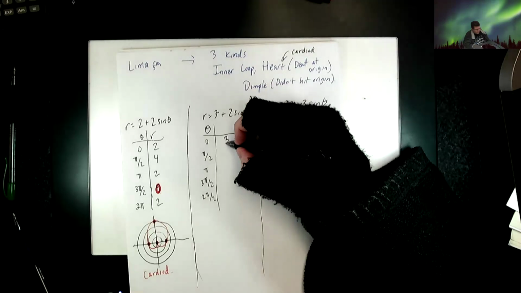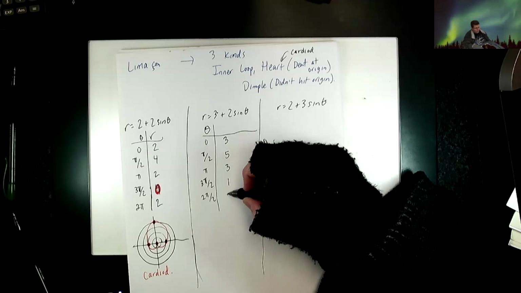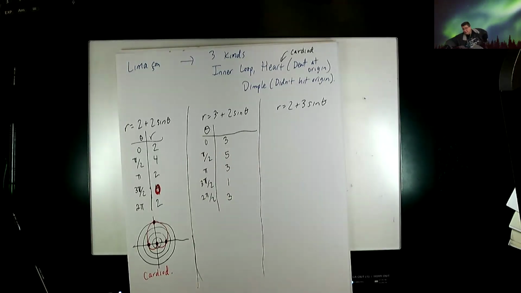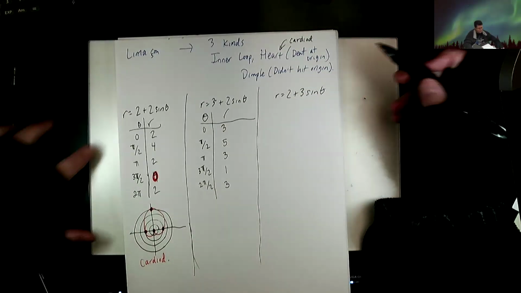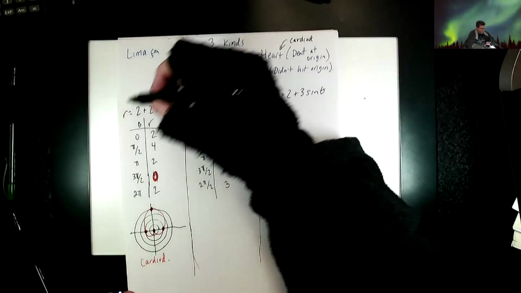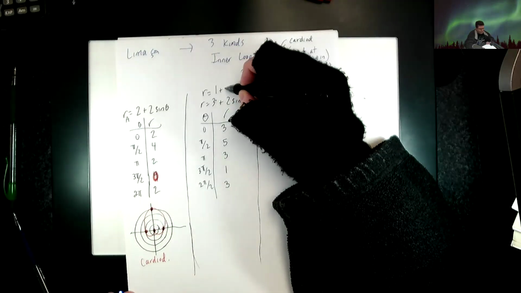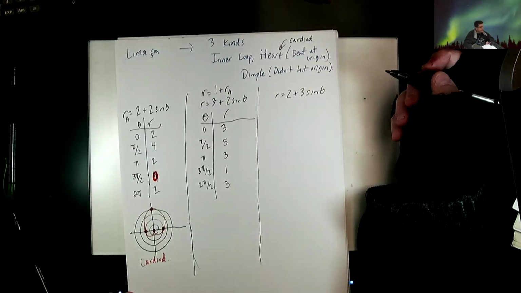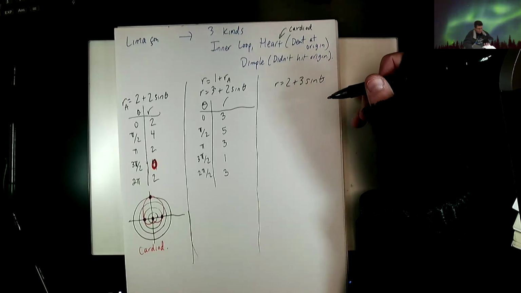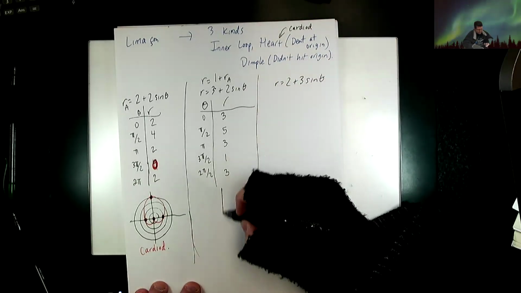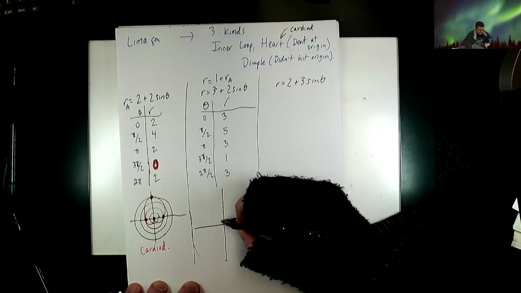This should be 3, 5, 3, 1 now, and 3. Right? So if I call this RA, this is R equals 1 plus RA. Basically. That saves us a little time in plotting those points, at least in figuring out what they are. Looks like I need to go up to 5 circles here.